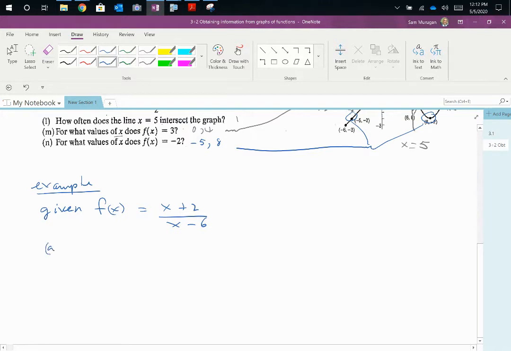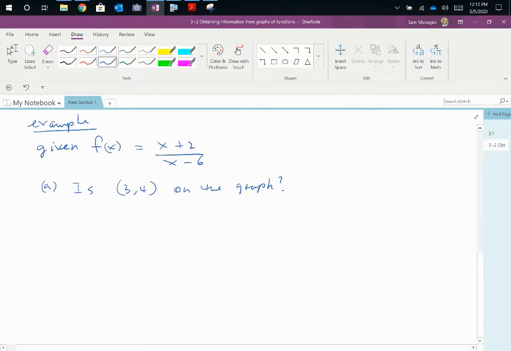Part A, is (3, 14) on the graph? To find out that, we would substitute 3 and 14 into the original equation. So this is x and y values, so we would substitute 14 for f(x) and 3 for x on the right-hand side.